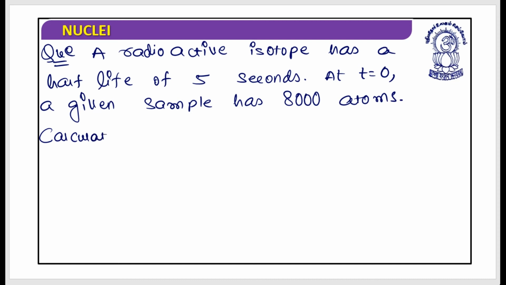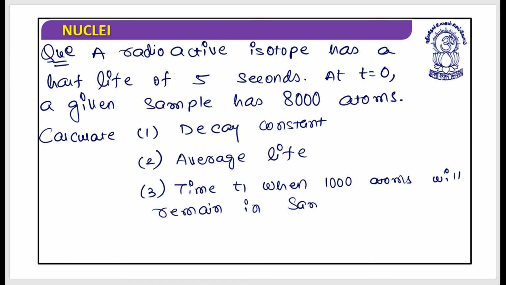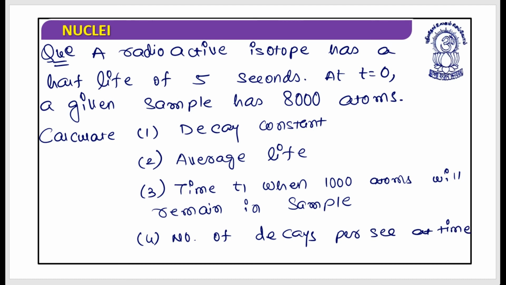Calculate first the decay constant, second the average life, next the time t1 when 1,000 atoms will remain in the sample, and next the number of decays per second at time t equal to t1.